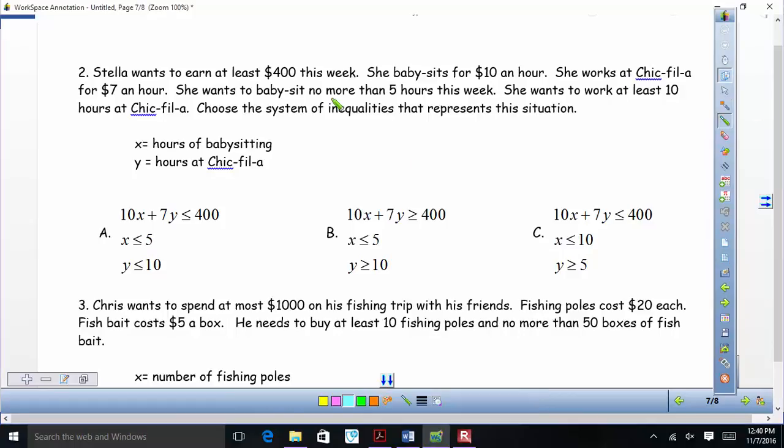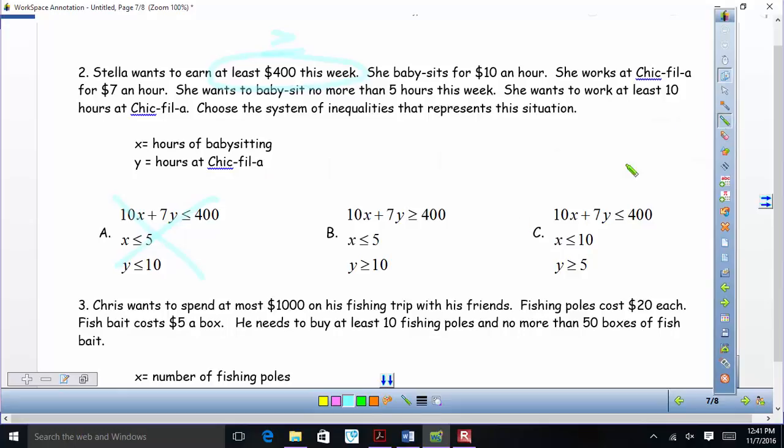Okay, so number 2 says Stella wants to earn at least 400 this week. So remember, at least means she could do more. So which one is not more? A. So this is greater than or equal to. Okay?